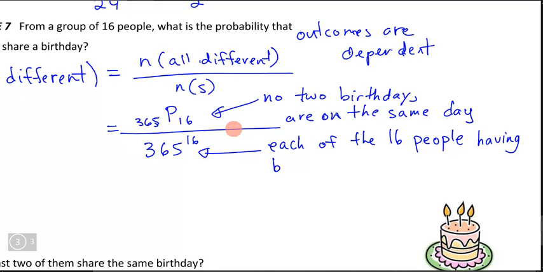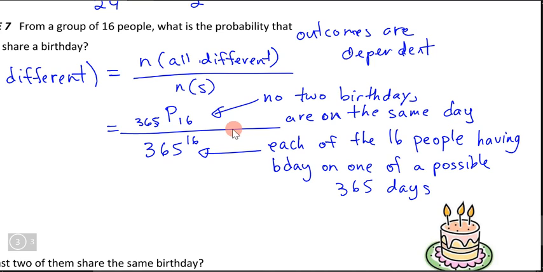Each of the 16 people having a birthday on one of a possible 365 days. So the bottom part counts all the possible outcomes, even if you have multiple people with the same birthday. Okay. The top part only counts the arrangement of 16 people having individual, unique birthdays.